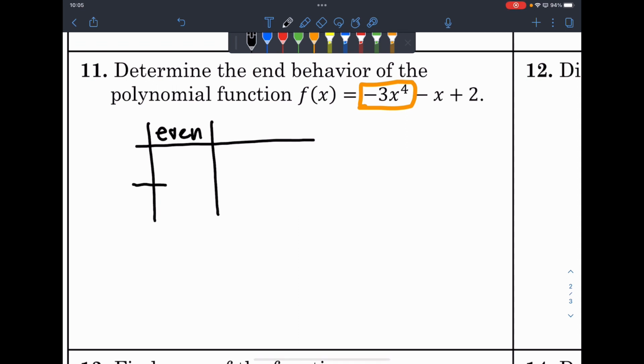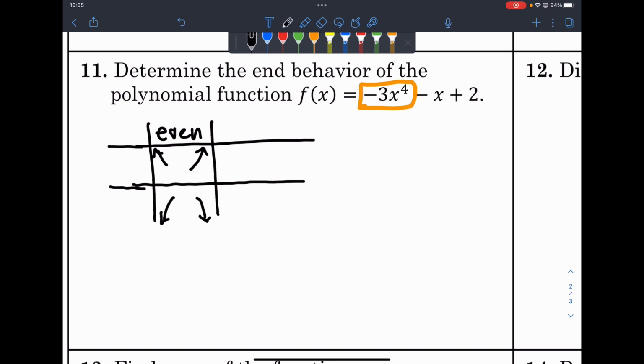And there's two possibilities. To be symmetrical through the y-axis, the two ends either point upwards or the two ends point downwards, again, like a parabola. That's the most basic even function that exists, which is what we have right there.